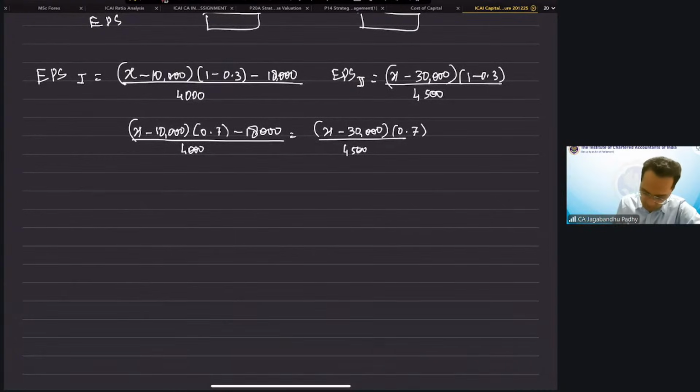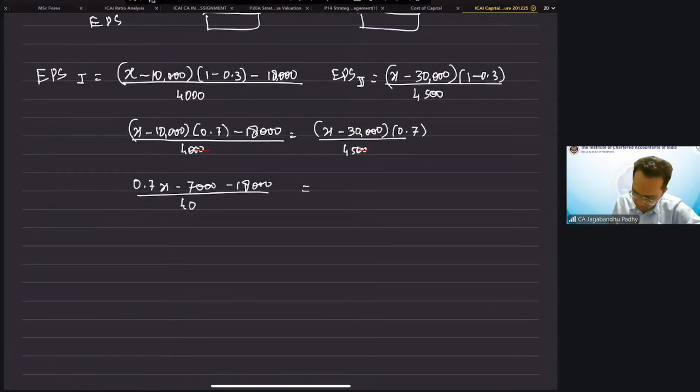We can simply subtract the double zeros from this side. So this has 0.7x minus 7,000 minus 18,000 upon 40 is equal to 0.7x minus 21,000 upon 45. I can actually reduce it further, right? So 8 5 8s and 5 9s. Do the cross multiplication.